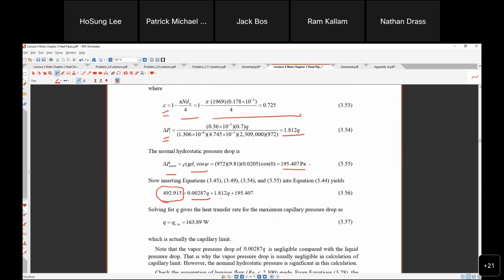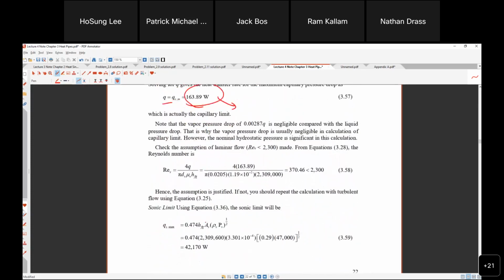This is vapor, this is liquid, this is normal. So compared to that, vapor is so small. Anyhow, we can calculate Q is 163 watt. This is the capillary limit, according to calculation.